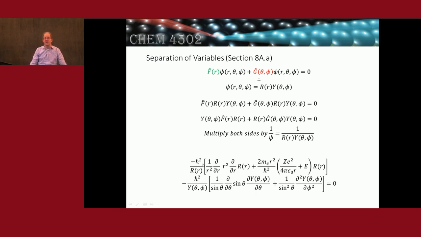And the only way that that can be true for all values of the radius, all values of both angles, is if this portion, this top line, and this bottom line are both equal to a constant number.